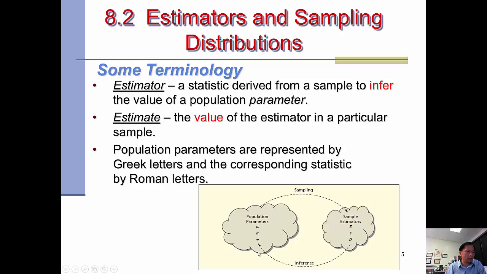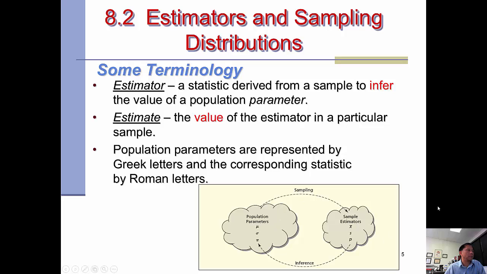And those are population parameters. We take a sample from that. In the sampling process, we move to the sample. These are the sample estimators. For the sample, we're going to have a mean. Instead of mu, we use x bar for samples. We use s for standard deviations. We use a little p for the proportions. And then we use the sample estimators to make an inference, to estimate, to guess, about the population.